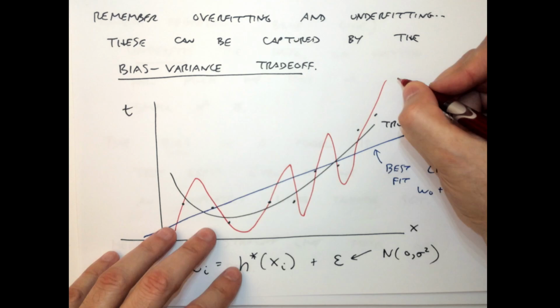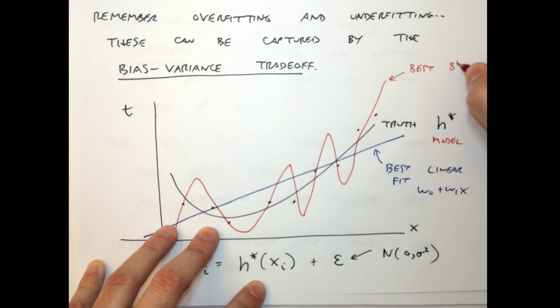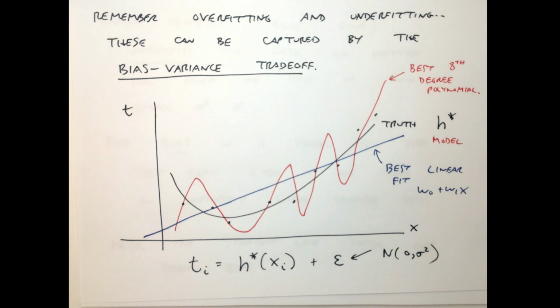Let's suppose this is the best 8th degree polynomial. It definitely has less error, for sure.